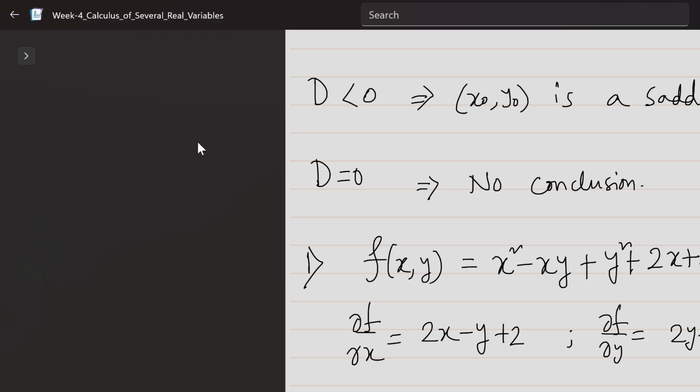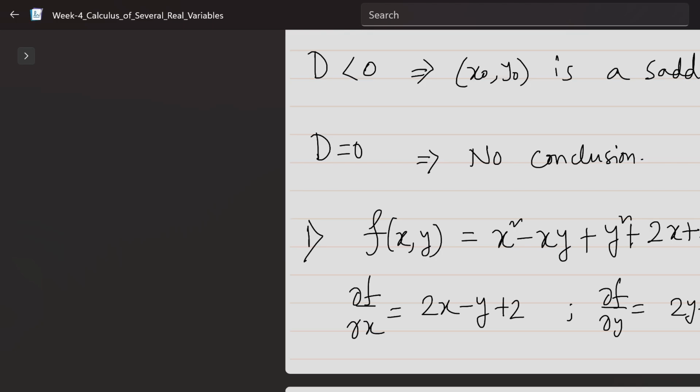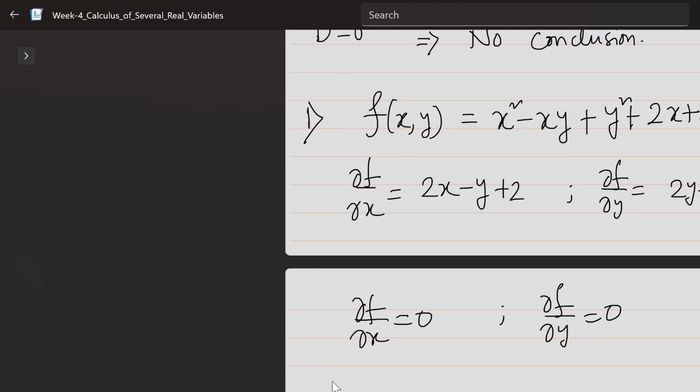Yes. So what is the critical point? Del f del x equal to 0, del f del y equal to 0. So critical point means 2x minus y plus 2 equal to 0 and 2y minus x plus 2 equal to 0.